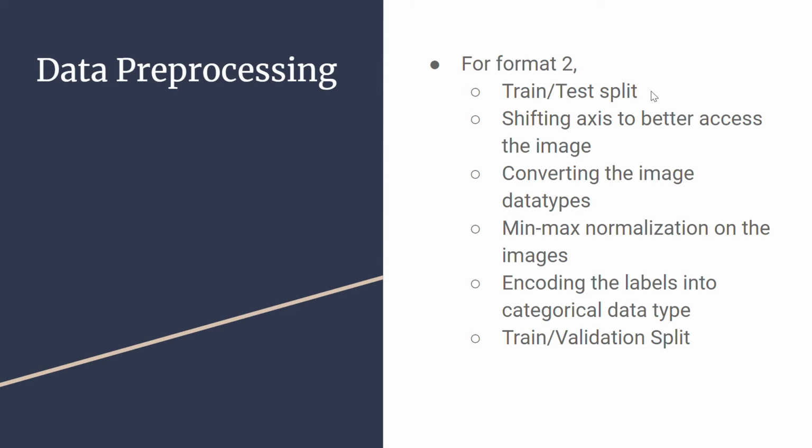I converted the image data types as I did with format 1 and normalized all the images from the range of 0 to 255 to 0 to 1. I also encoded the labels in a similar manner to format 1, with one hot encoding. Then I split the whole training set again into training and validation.